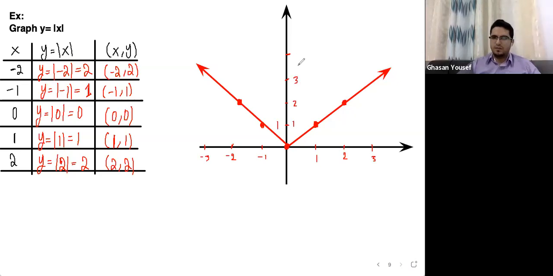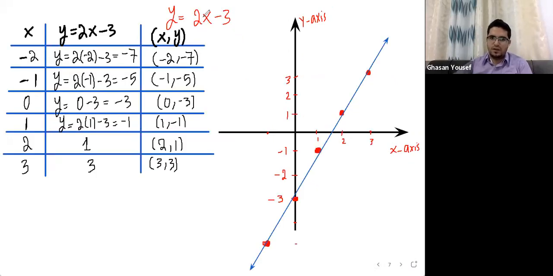Anyone has a question for this example? Clear? Okay, so we finished the graphs for most of the important examples. First, I started with y equals 2x plus or minus 3, a linear equation, which gives a linear line.